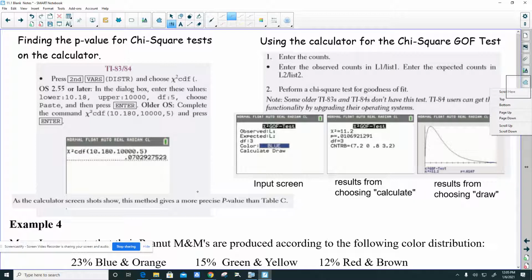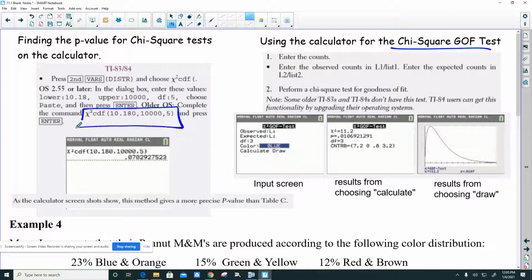So we have what you see on this last page here, that we're going to stop once we do this last example. You can see over here on the right is this process for running the chi-square goodness of fit test. If you weren't going to use that feature on your calculator, but say you had your chi-squared value and you wanted to find the p-value a different way, you could use this chi-squared CDF, which I think I may have mentioned in the previous video.